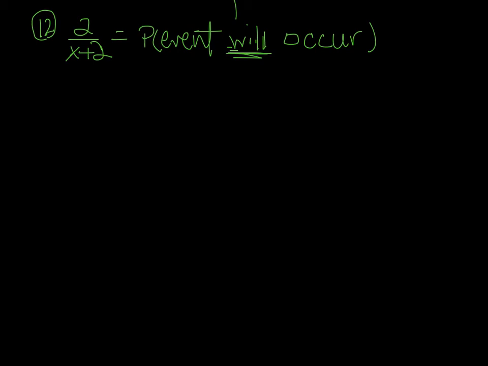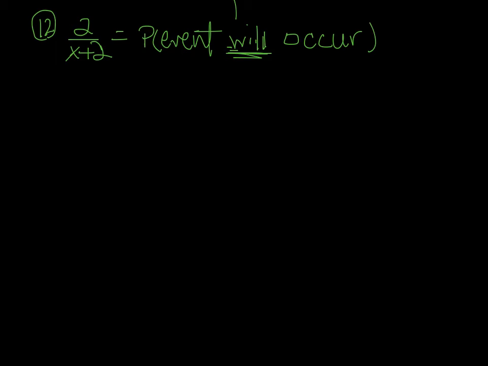They're giving us the probability that an event will occur, and they want the probability that an event won't occur. So for example, if the probability that it's going to rain is 20%, then the probability that it's not going to rain is 80%. And the way we do that is we take our 100, which is our total, and we would subtract 20% from that, and that's how we would get 80.